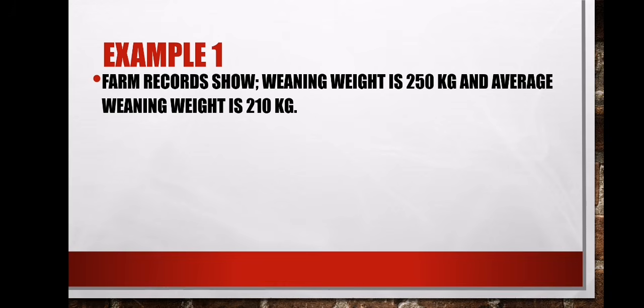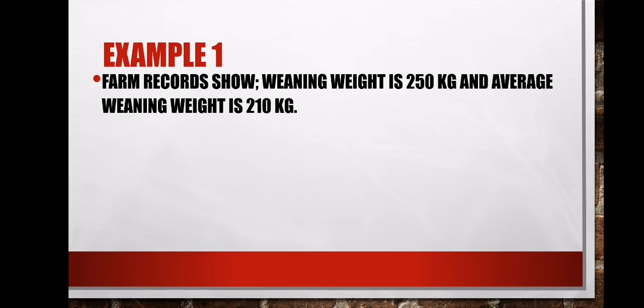The statement says, farm records show winning weight is 250 kg and average winning weight is 210 kg. That's what they give you. Winning weight is 250. The average winning weight is 210 kg.